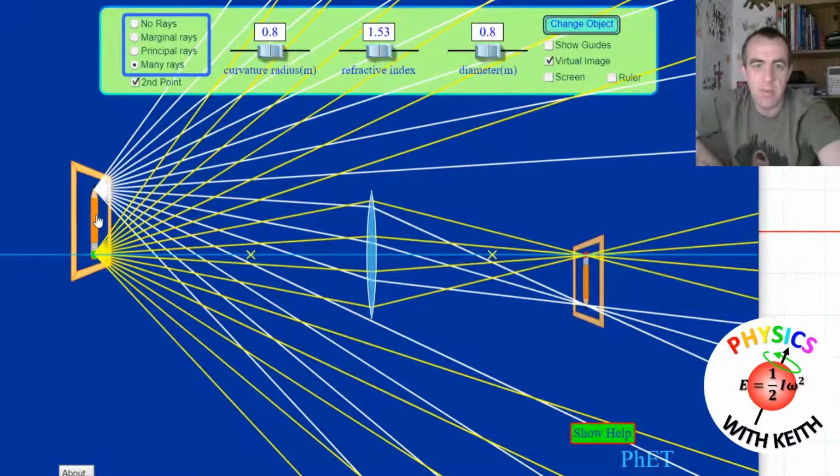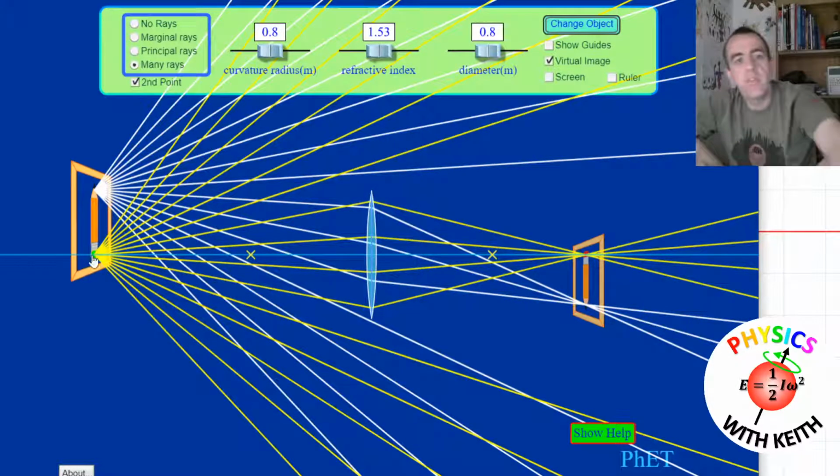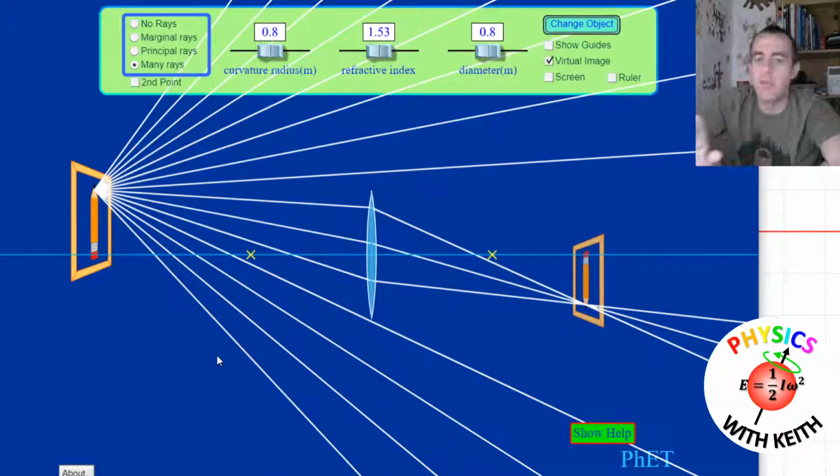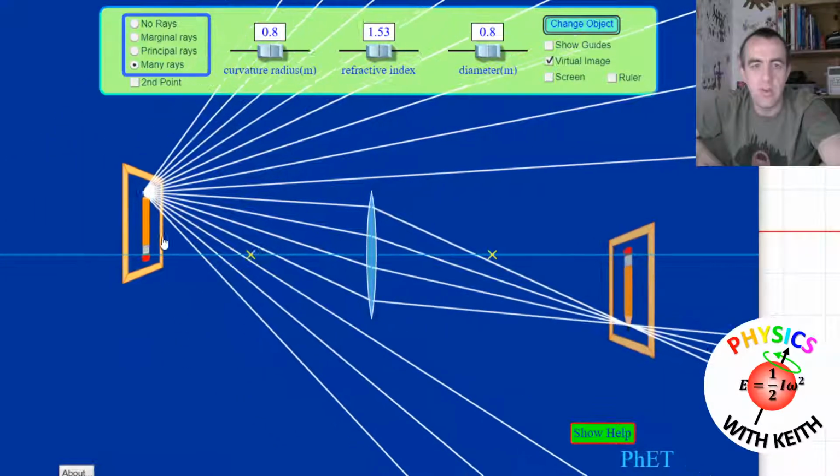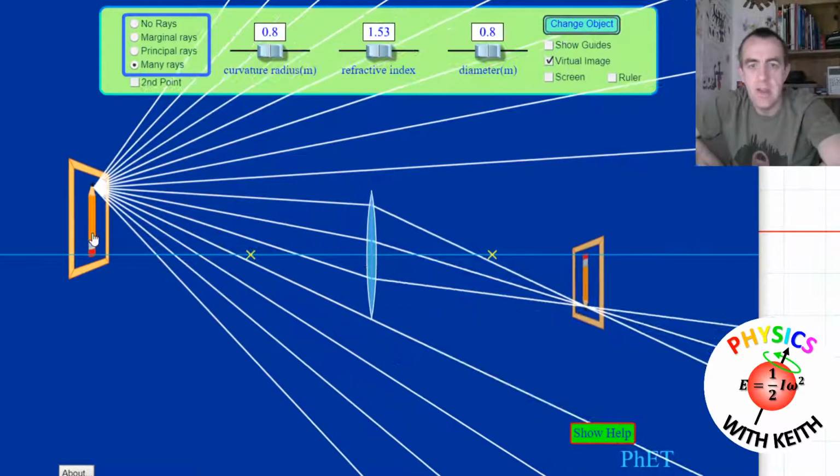You're always going to place the second point of your object on the principal axis, and that makes it a little bit easier, because now you don't have to track 2 points, so we can get rid of that second point, and we've halved the number of rays I have to draw. That's quite handy. We know the second point is somewhere on the principal axis. No matter where I move this, that second point is always going to be somewhere on the principal axis, and that makes drawing the image far easier.